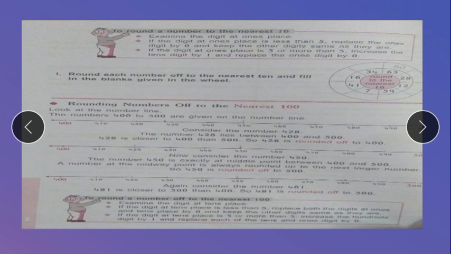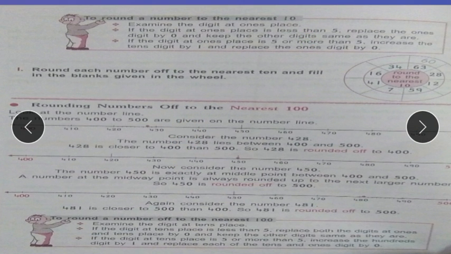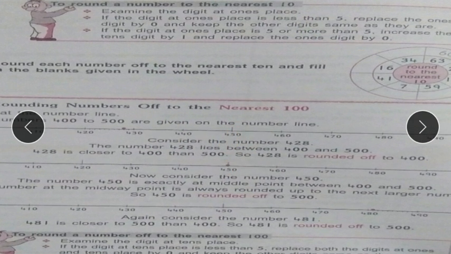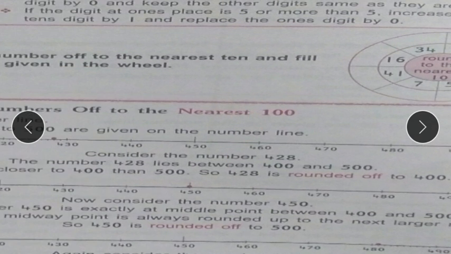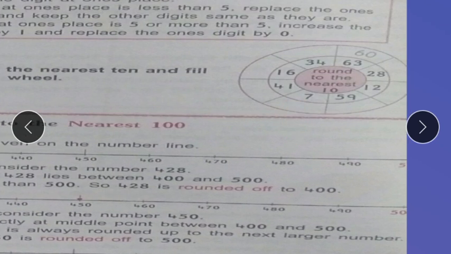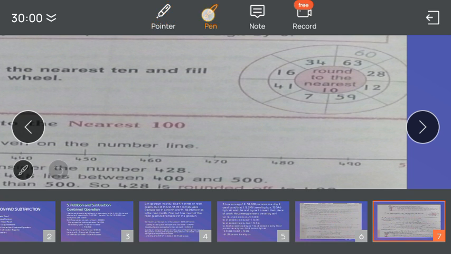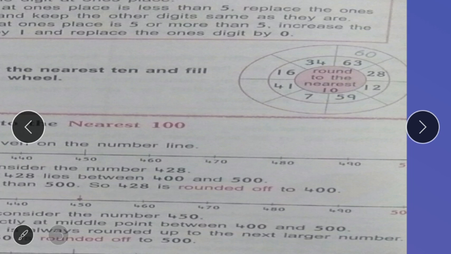Now round each number off to the nearest 10 and fill in the blanks given in the wheel. Here is the wheel. Now you have to round these numbers to the nearest 10. Now this is number 7. If you have to round off number 7, how will you do it? Is 7 more than 5 or less than 5?